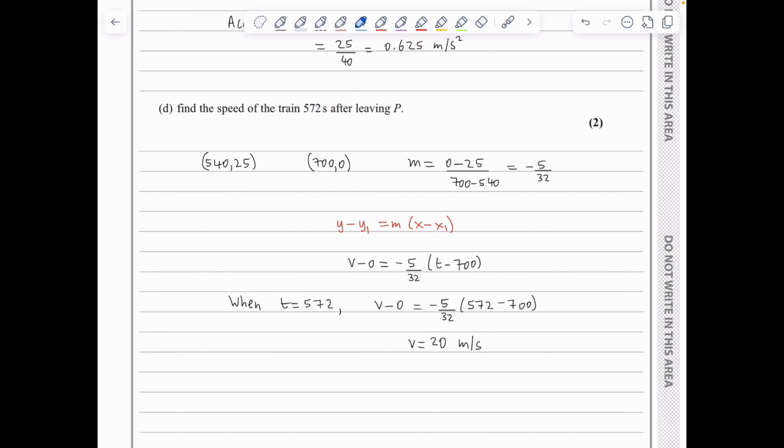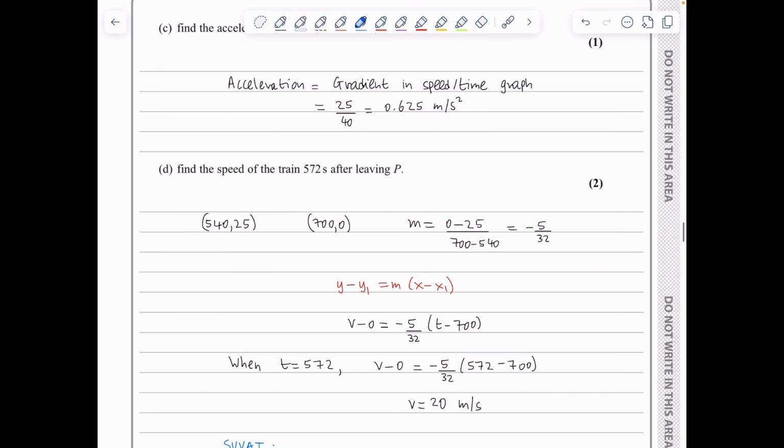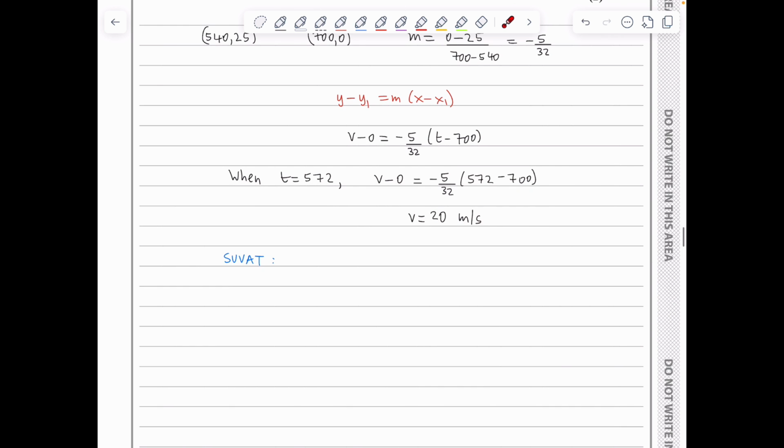Now alternatively, I could have used suvat because during the time of deceleration, the train is experiencing constant deceleration. We have already found from part C here that the acceleration was 0.625. Since the time spent decelerating is 4 times the time spent accelerating, we can say that the acceleration in the final leg of the journey was minus 0.625 divided by 4.